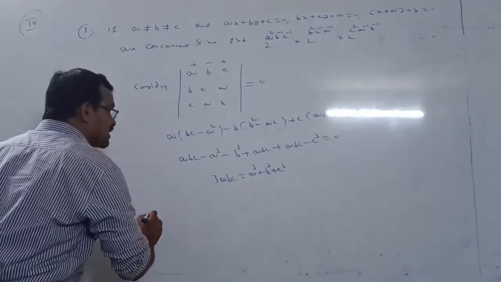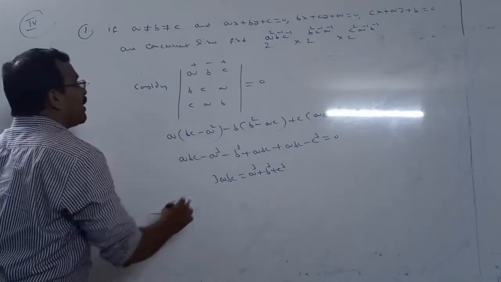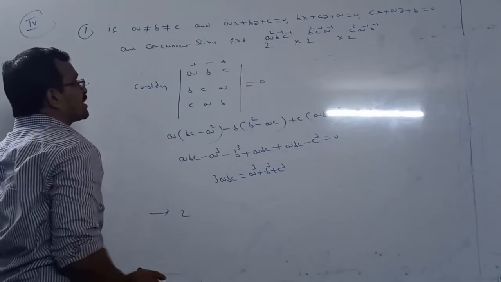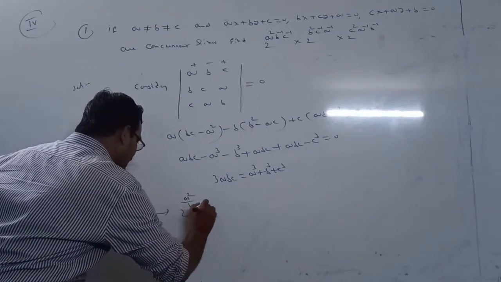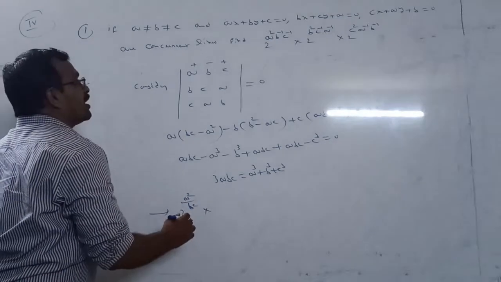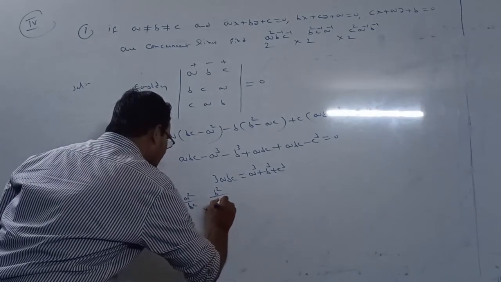Our statement is 2 power a square into b power minus 1 into c power minus 1. That means nothing but a square by bc. A square by bc into the second one is 2 power b square by ca.